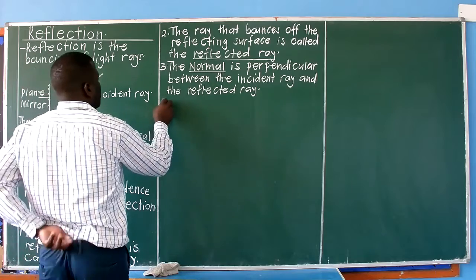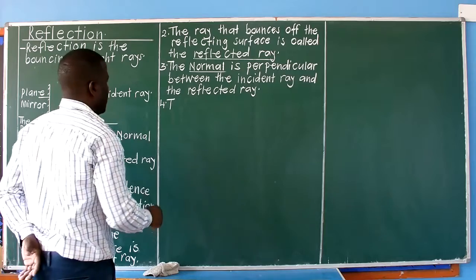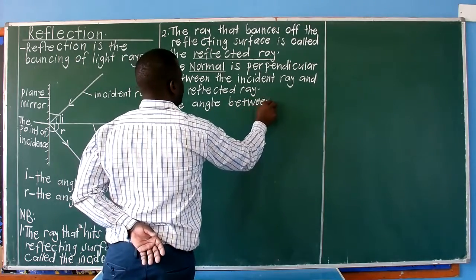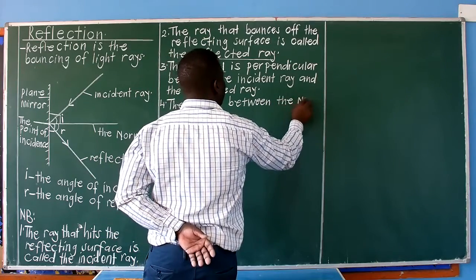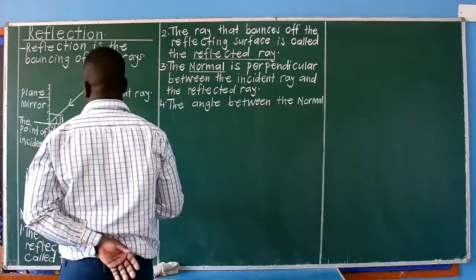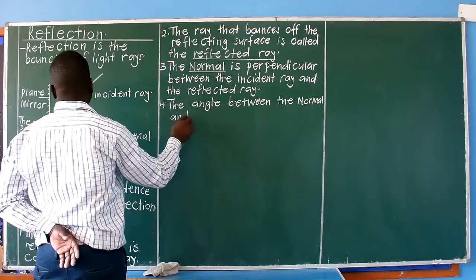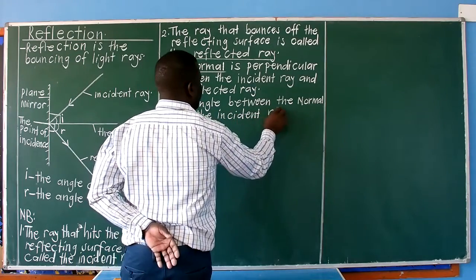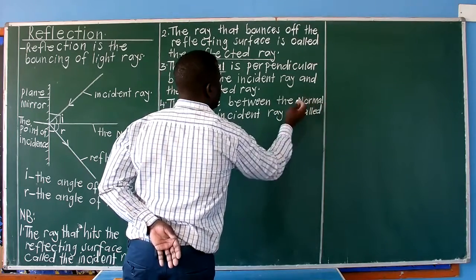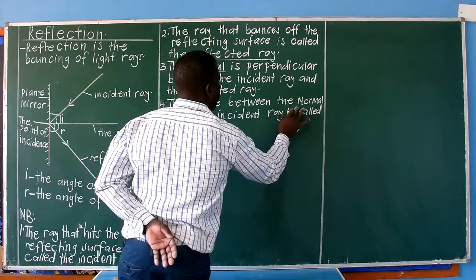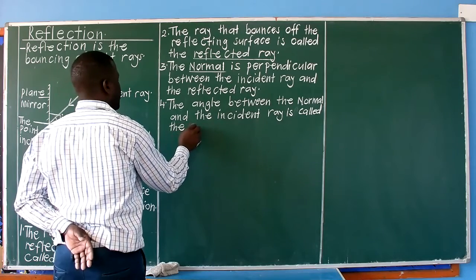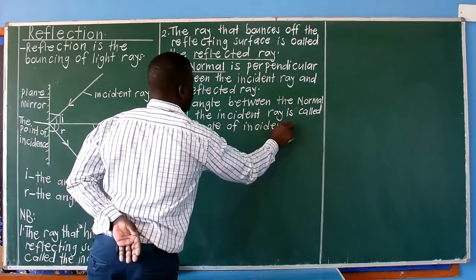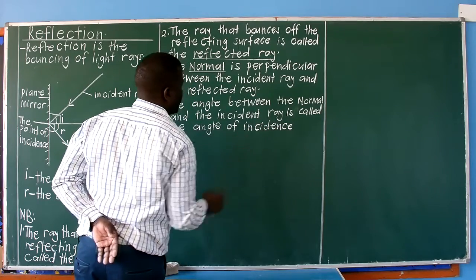Then number 4, the angle between the normal and the incident ray is called the angle of incidence.